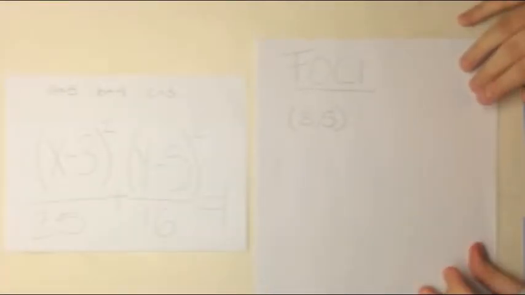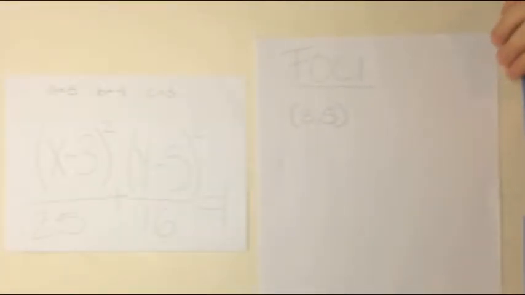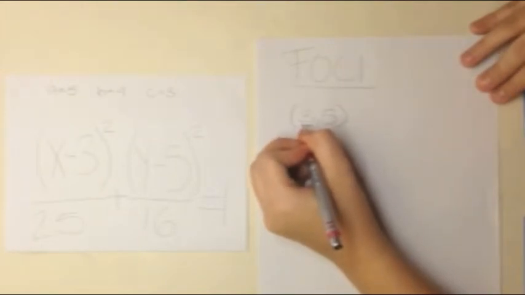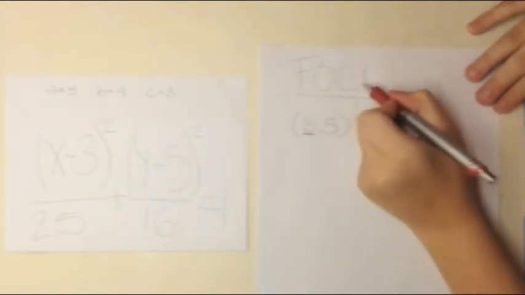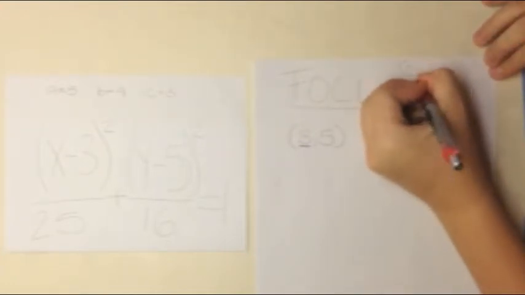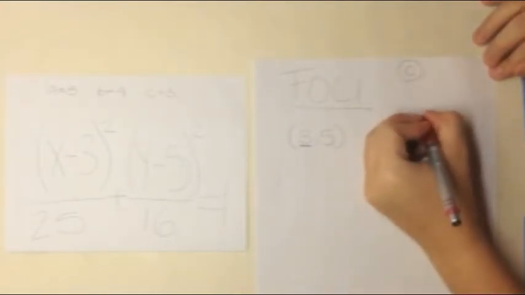To find out the foci, you have to put first of all the center, and in the horizontal ellipse, the foci and the vertices will change in the x or in the h value. The foci changes according to the c, which equals 3.